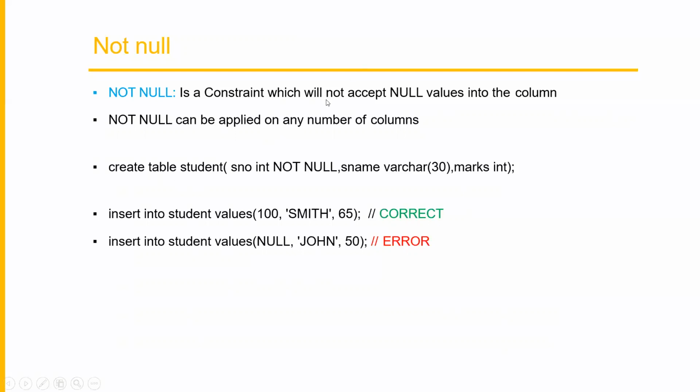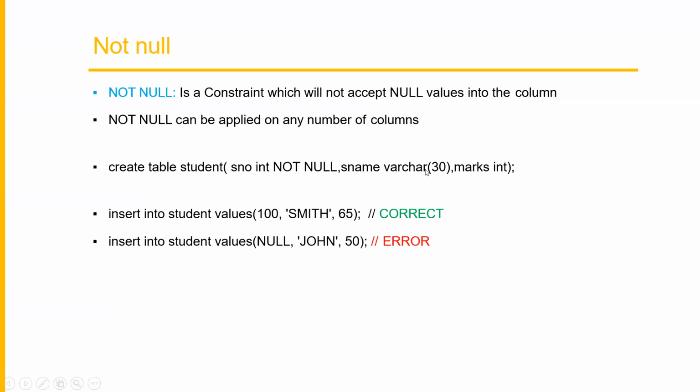So this is the syntax. You can see it here. I have a table called student. How do we define a table? Create table is the syntax we use to create a table. Create table student, and I want to have 3 columns: S number, student number, which is of integer data type, and then we can specify not null here, so that definitely a value should be provided to this column when we are inserting a row into this table.